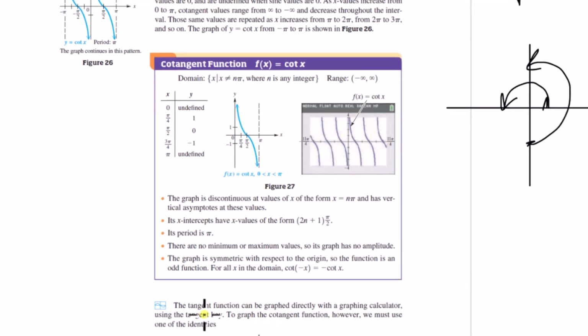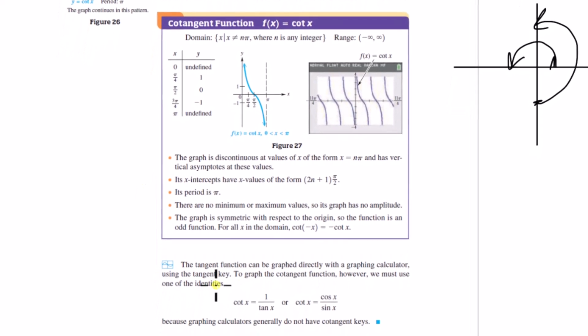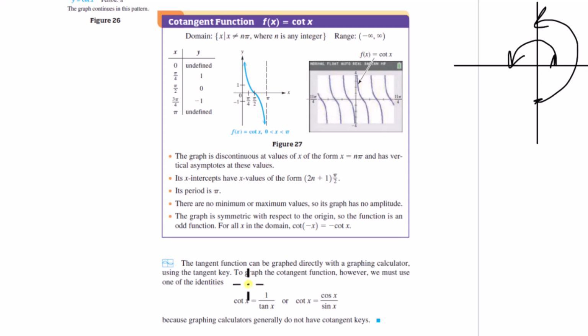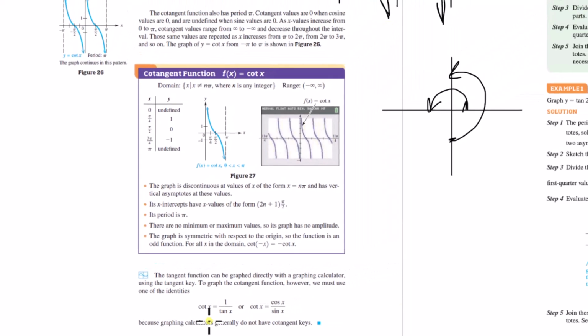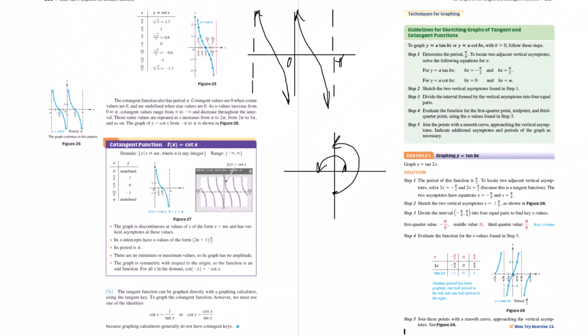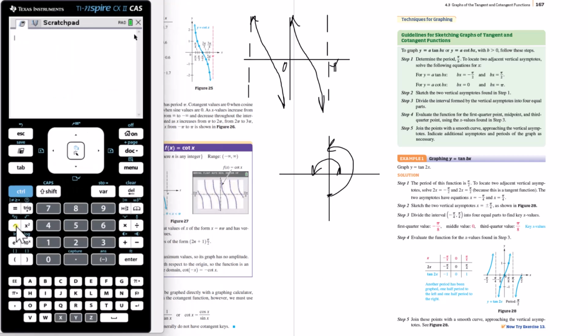Now it says the tangent function can be graphed directly with a graphing calculator using the tangent key. To graph the cotangent function, however, we must use one of these identities, because graphing calculators generally do not have cotangent keys. So yeah, this book is not up to date, because graphing calculators or online software can easily do it, you can just type in cotangent, right?